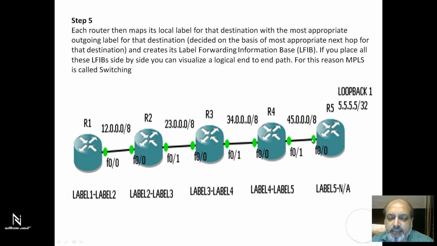Yes, it may look like it gets tossed up and pulled down, but in reality, it is going through a virtual path, and that virtual path is actually decided by connecting these LFIBs. So once again, if you connect these LFIBs, you will find that they all indicate a virtual invisible type of path. For that reason, it is called a switching process.